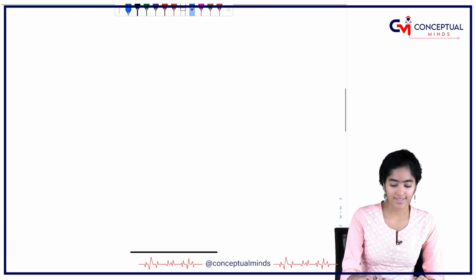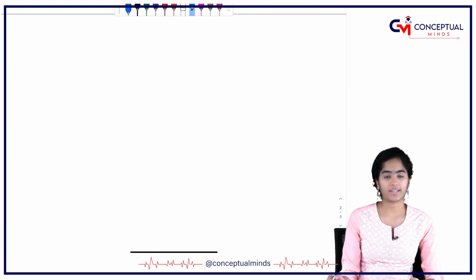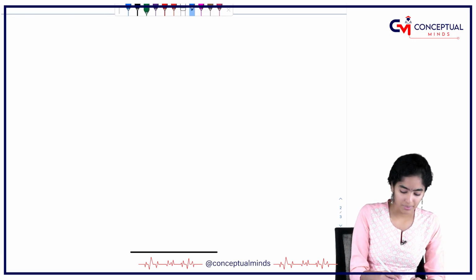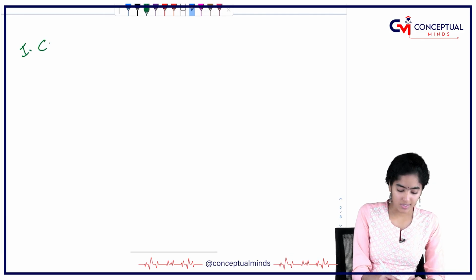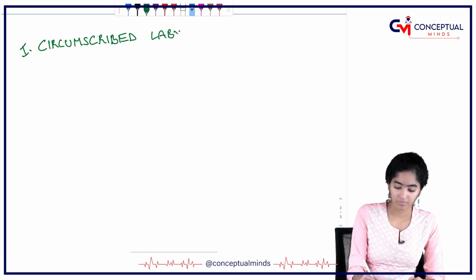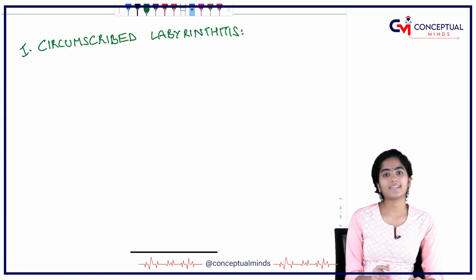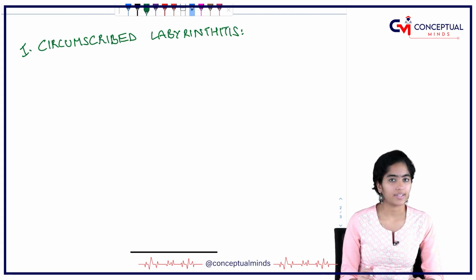Now labyrinthitis is classified into three varieties. First among them is circumscribed labyrinthitis. Second is diffuse serous labyrinthitis and third is diffuse suppurative labyrinthitis.